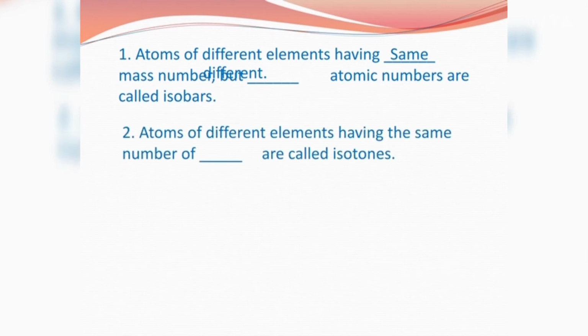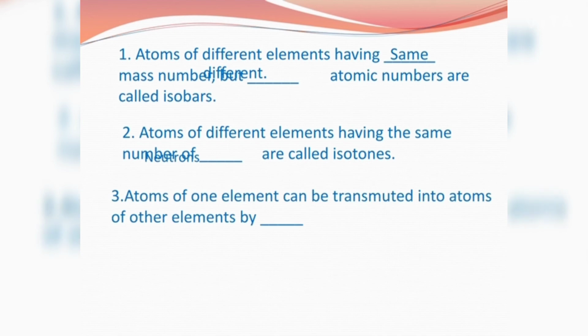Second one: atoms of different elements having the same number of dash are called isotones, that is neutrons. Third fill up: an atom of one element can be transmuted into an atom of another element by artificial transmutation.